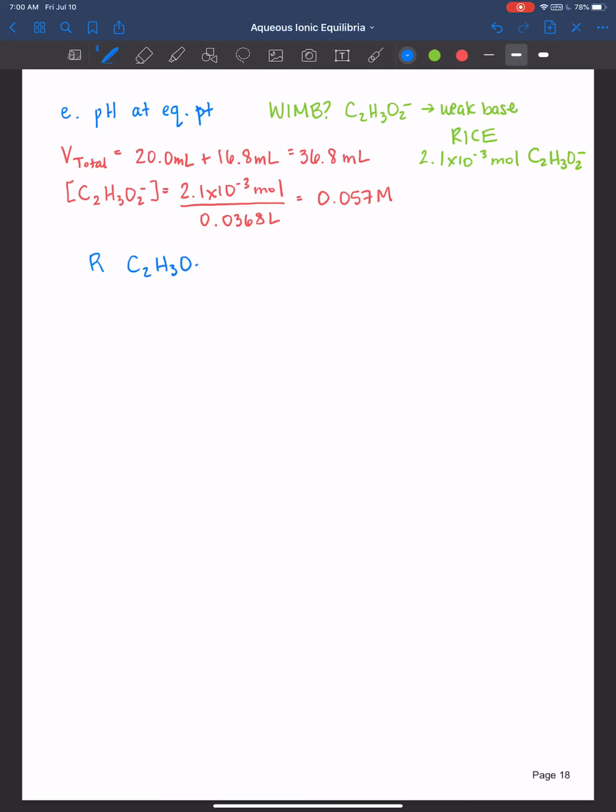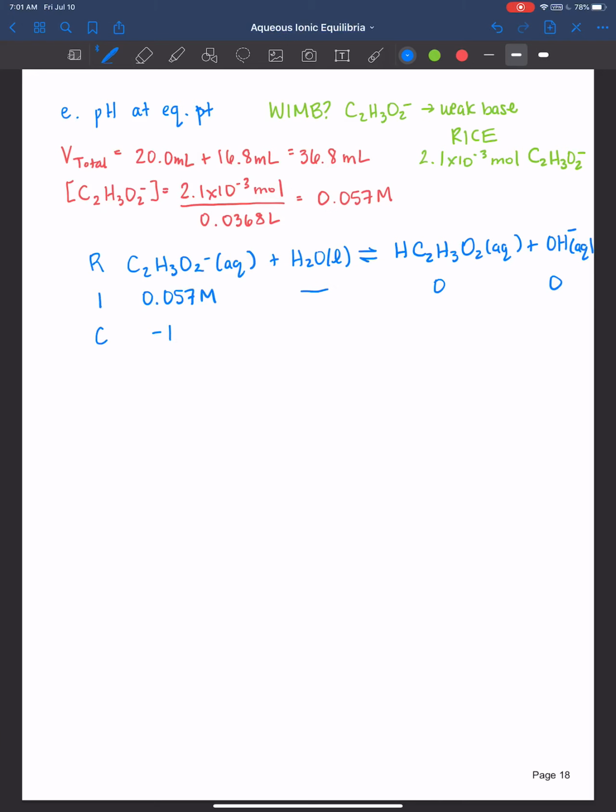So now we're just doing weak base equilibria in the presence of water. The conjugate acid is acetic acid. The conjugate base of water is the hydroxide. Initially we have 0.057 molar of the acetate and 0 amount of the acetic acid and the hydroxide.